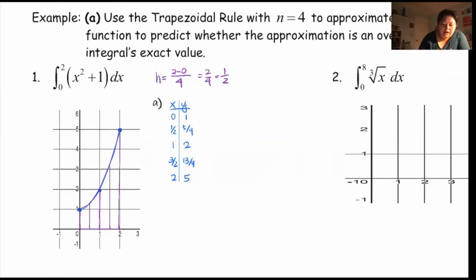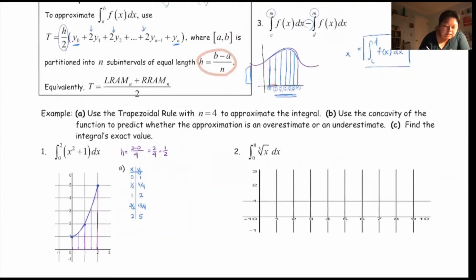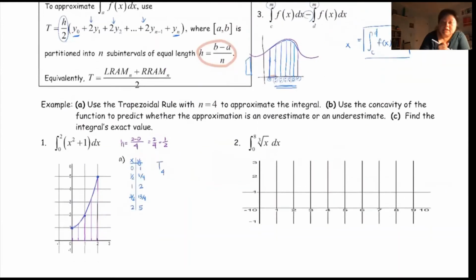Okay? All right. The trapezoid rule says T sub 4. T sub 4 means 4 trapezoids. T sub 5 means 5 trapezoids. So however many trapezoids you have, that's the number you put underneath. Equals the height, which we got. The height was 1/2. So 1/2. Don't forget over 2, because that's the formula, right?